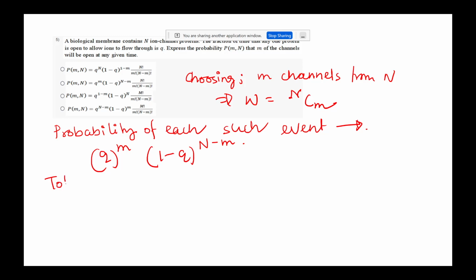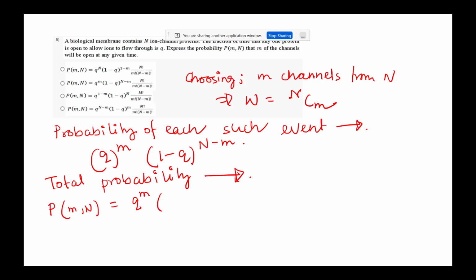So the total probability P(m, n) will be q to the power m times 1 minus q to the power n minus m times nCm, where nCm means n factorial by m factorial times n minus m factorial. Okay, so this is the right option, right?